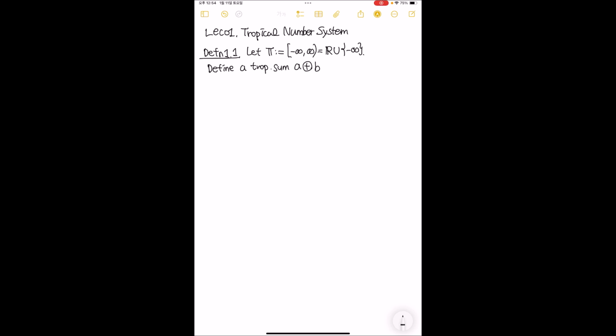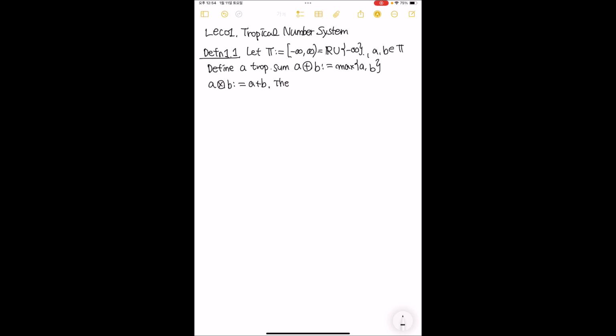Check A, B in T. The tropical sum is defined by the maximum between two numbers, and multiplication is the natural addition, as you know.